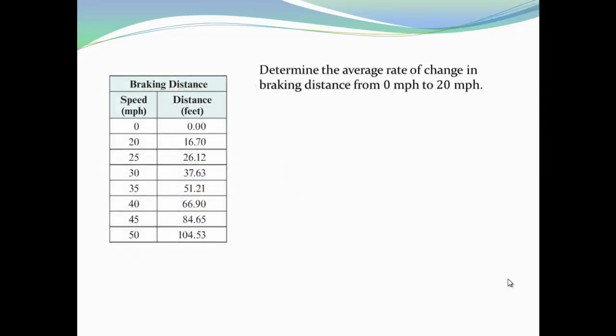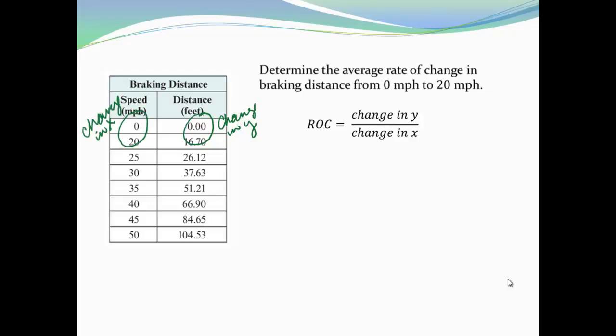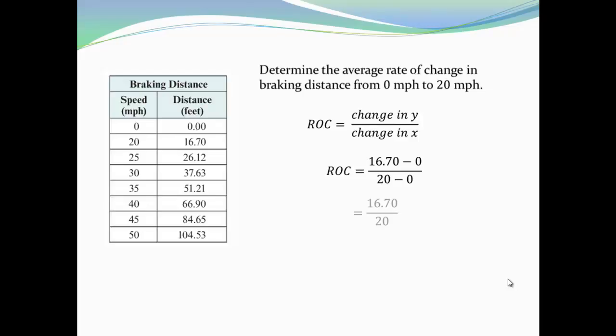Let's take a look at this table and determine the average rate of change between 0 and 20. So we see here that our change in Y is from 0 to 16.7, and our change in X is from 0 to 20. If we write out the equation, we have 16.7 minus 0 over 20 minus 0.